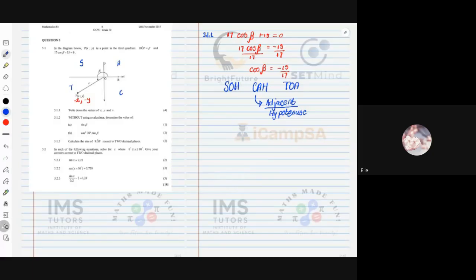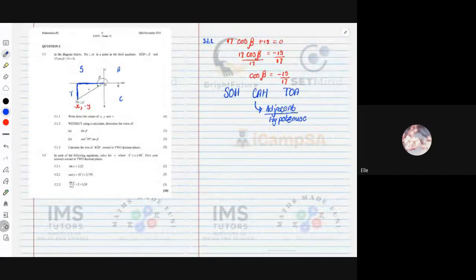So essentially, if we were to draw this, x will be the adjacent side to beta, and then y, as you can see, is opposite to beta. So our x is equal to minus 15, and then our r, the hypotenuse, is equal to 17.